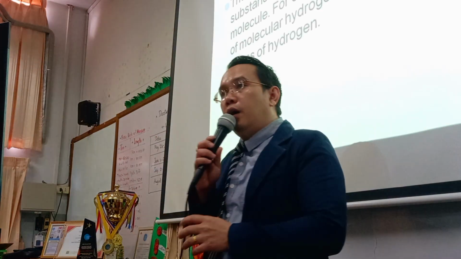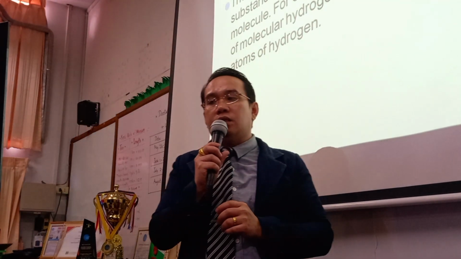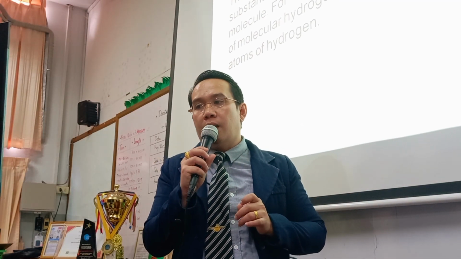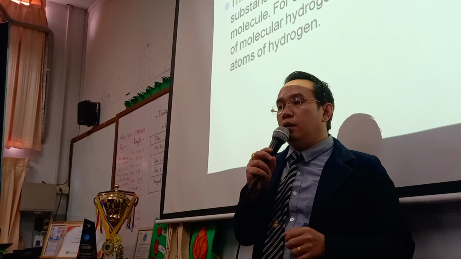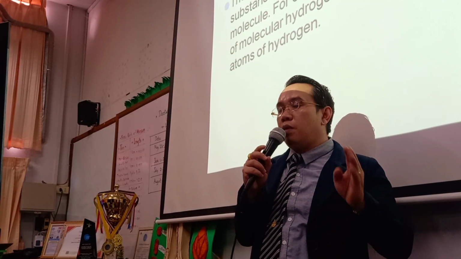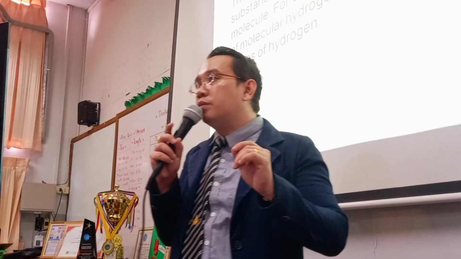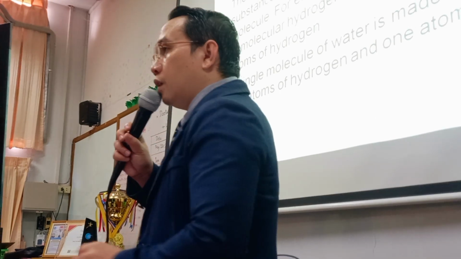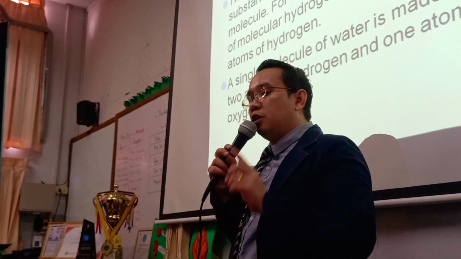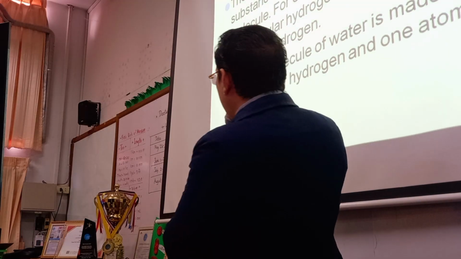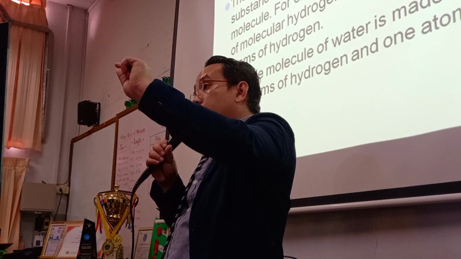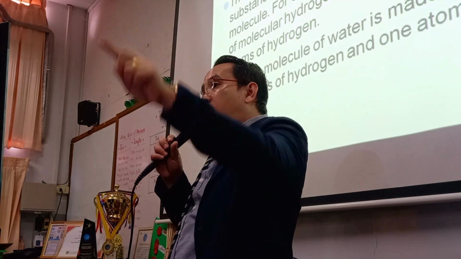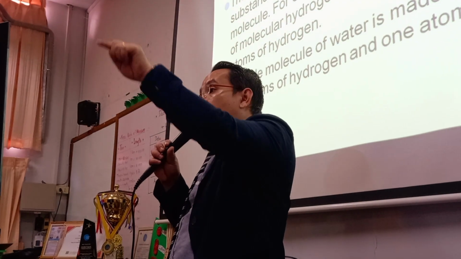So the smallest bit of each of these substances would be referred to as a molecule. For example, a single molecule of molecular hydrogen is made from two atoms of hydrogen. A single molecule of water is made from two atoms of hydrogen, that is why it's always written with H2, then bonded with one atom of oxygen, so it's written H2O.